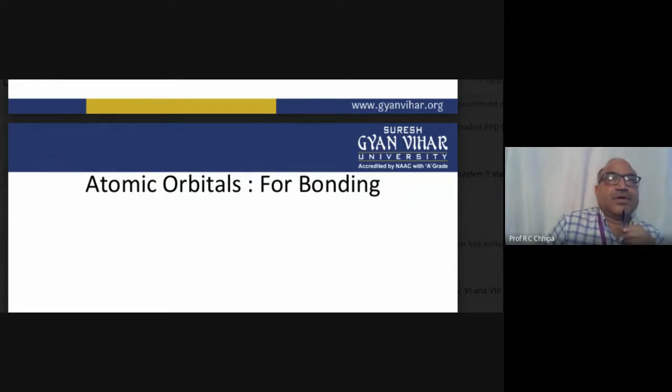Ionic bond: what happens in case of the ionic bond? The formation of ions. When ions are formed, the simple example is sodium chloride. In sodium chloride, sodium cation is present and chlorine anion is present. So what happened from the sodium atom? Why does the sodium atom form the sodium cation?